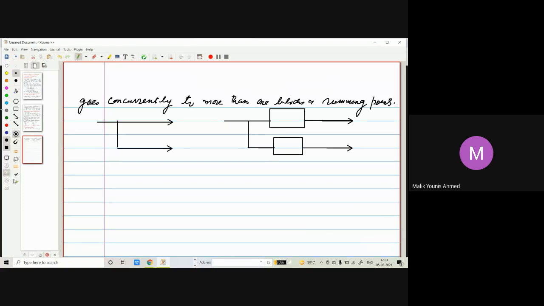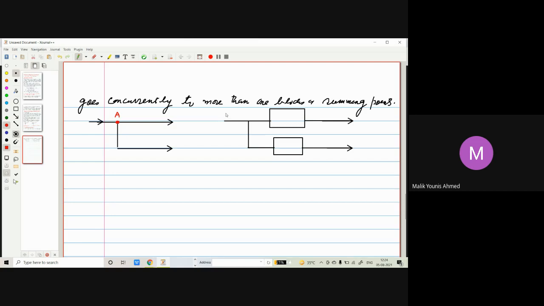See now, here, this point, I will represent it in red. This point here is a takeoff point. From this point, concurrent signals are going to the other. Maybe it is going to other blocks or a summing point. We don't know here, but concurrent signals are going. That means more than one signal simultaneously is going from here. So this is a takeoff point.